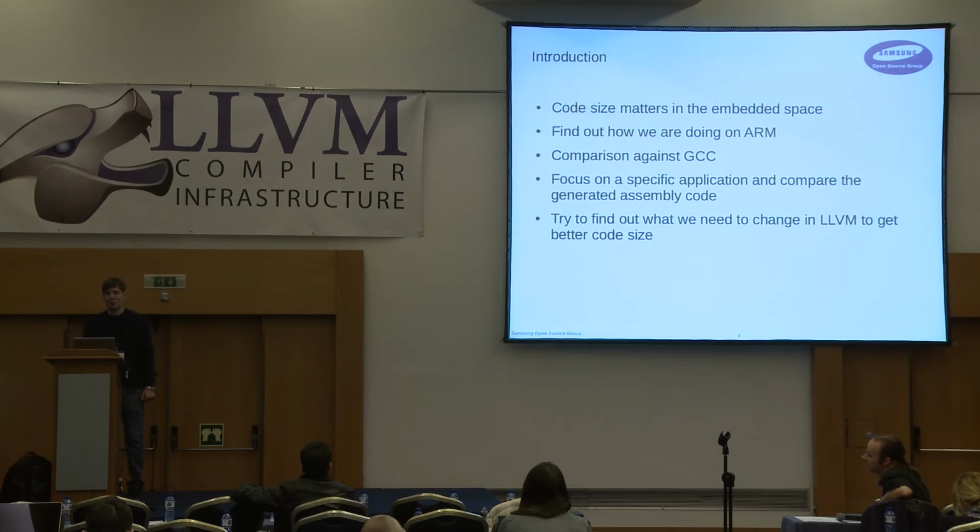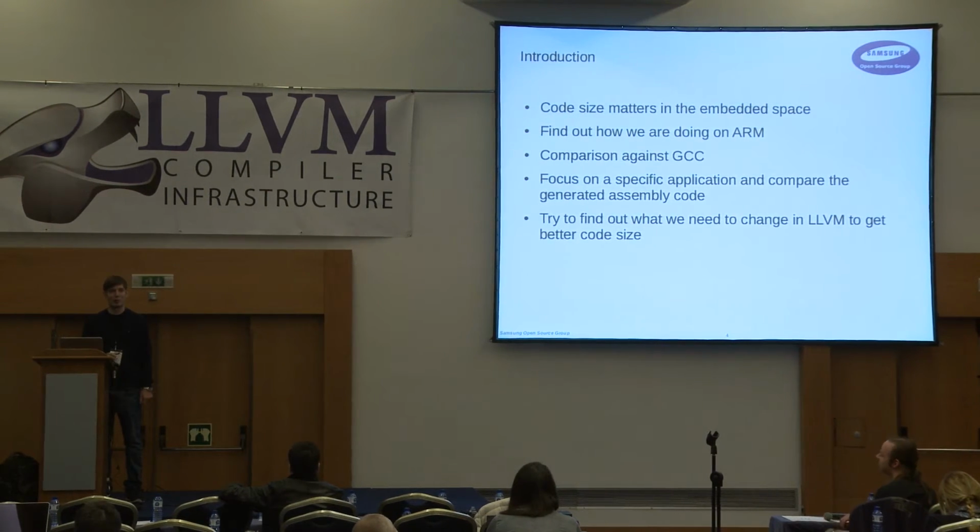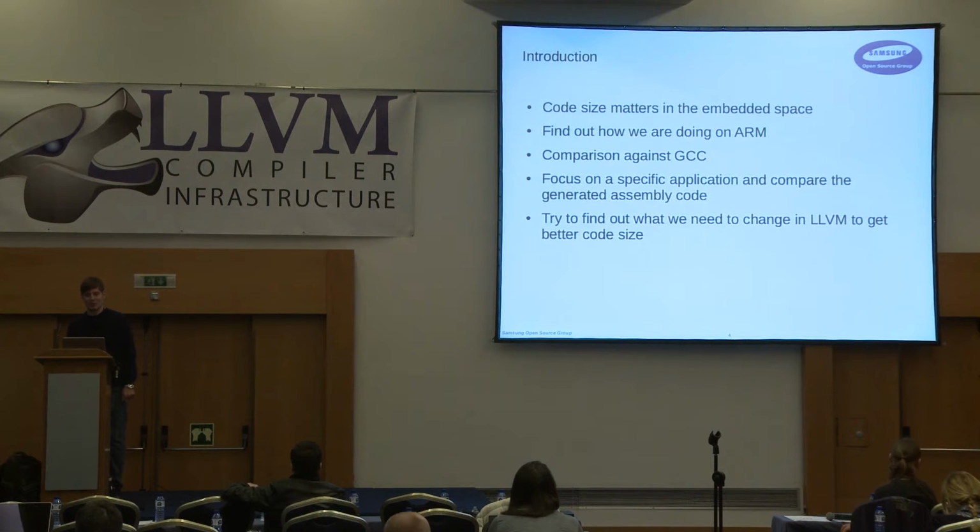So what is the motivation for this talk? The ARM LLVM backend has been around for many years already. It's very mature. It produces really well-performing code. However, LLVM is also increasingly used in the embedded space, where code size is much more of a concern, or even the primary concern.